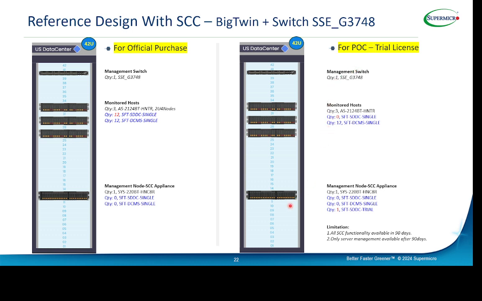That's going to manage our BMC. We've also chosen a SCC appliance to run on our Big Twin. No requirements for an SDDC single or DCMS license. So if you notice here, we do not require a SDDC or DCMS license to monitor its SCC appliance.